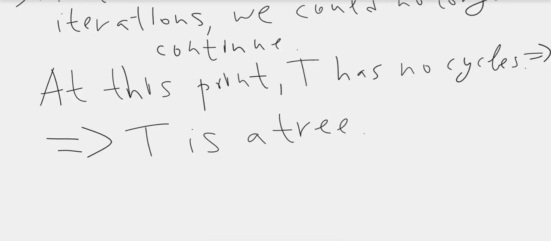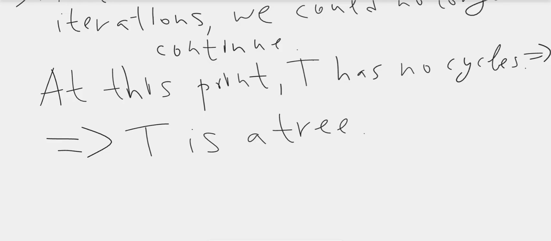And it is a spanning tree because it contains all vertices, because we didn't remove any vertices. Our iterations consisted only of removing edges. We didn't change the vertices.